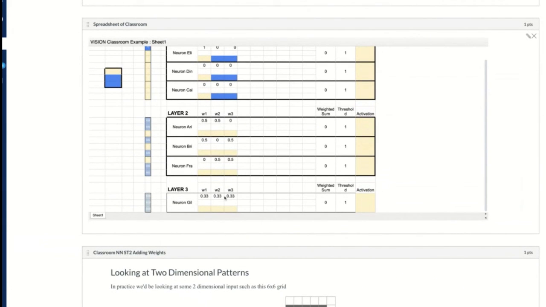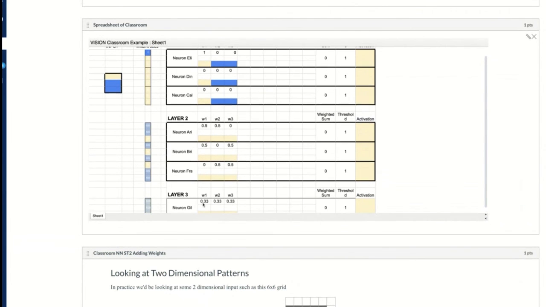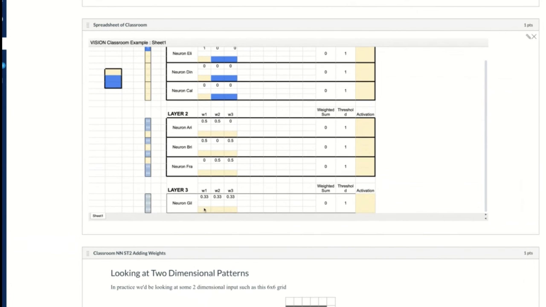So Gil is looking at 3 things. And so I'm going to imagine that I put a weighting on each one of 0.333333. And Gil's threshold is going to be 1. So if every input is a 1, then Gil will reach the threshold and activate.